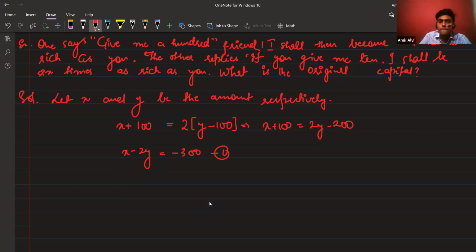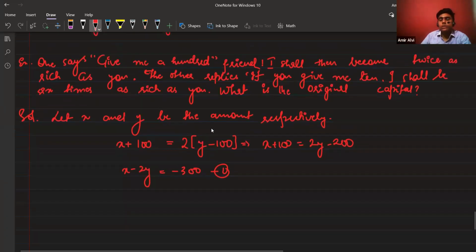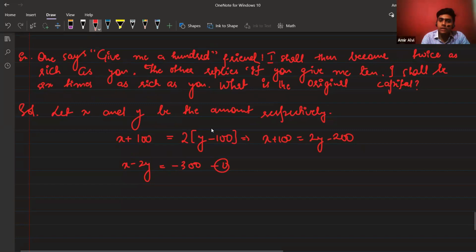Sir, the second equation will be y plus 10 is equal to 6 into x minus 90. Just a second, Hiba. Now the second line: Adil is saying that if I give Adil 10 rupees, Adil will be 6 times as rich as me.